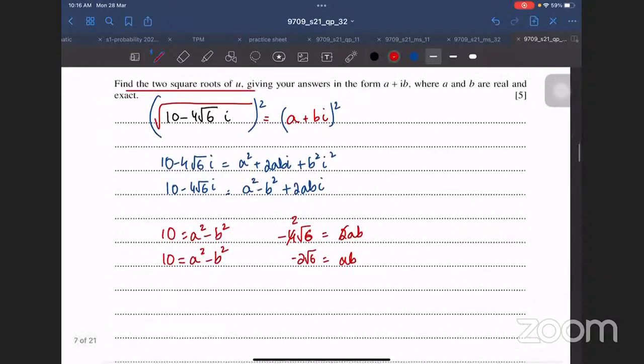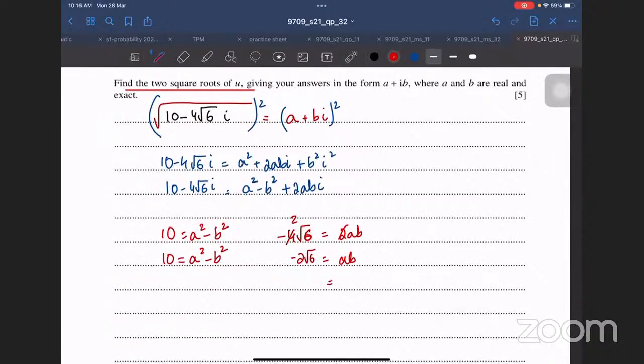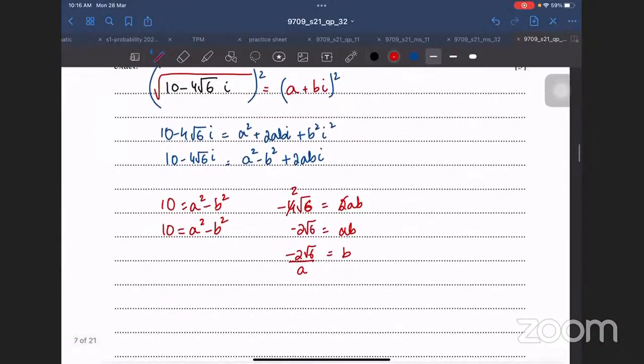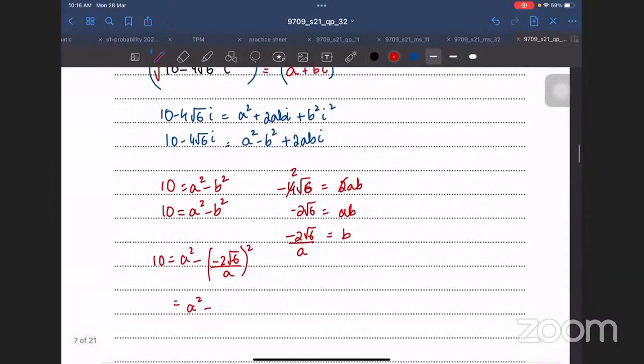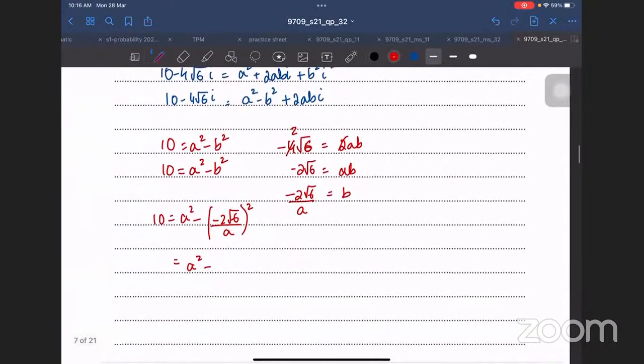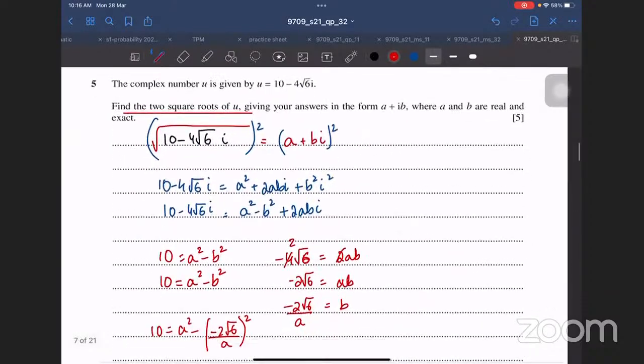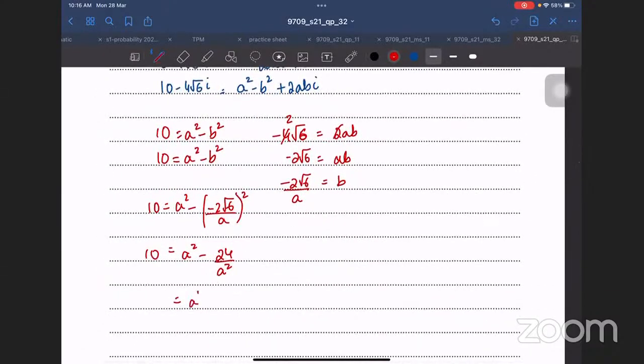Okay, we will take a substitution of either one, let's take the substitution for b. Four into 6 is 24. So a to the power 4 minus 24, minus 10a squared.